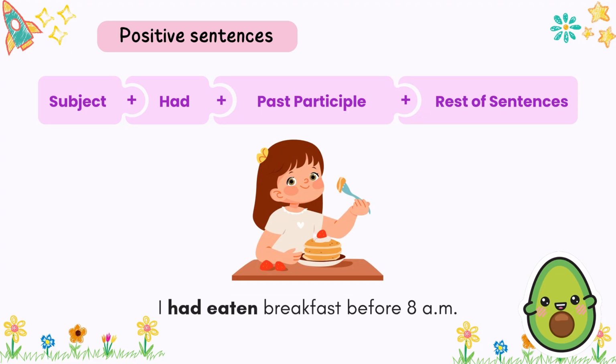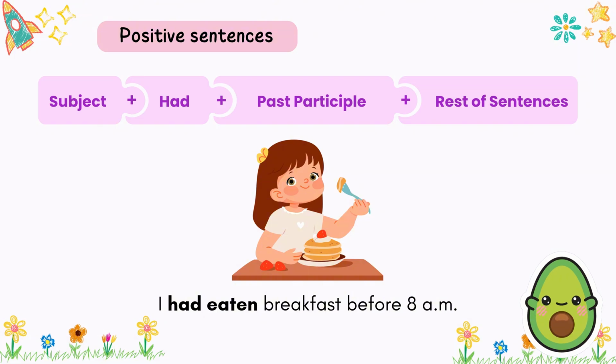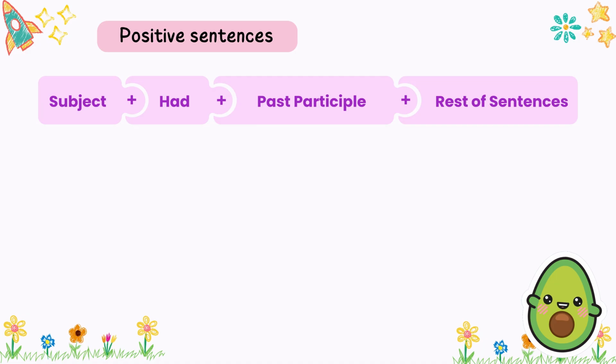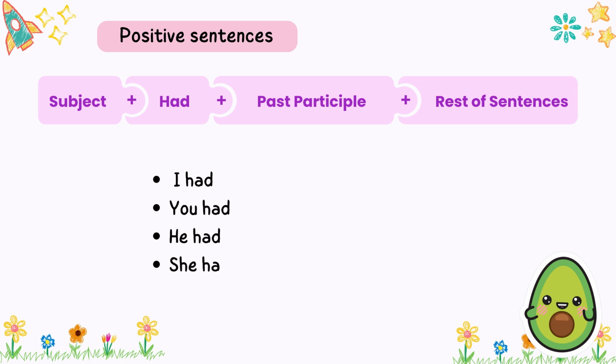Example. I had eaten breakfast before 8 a.m. And the good news is we use had for all subjects. I had, you had, he had, she had, it had, we had, they had.